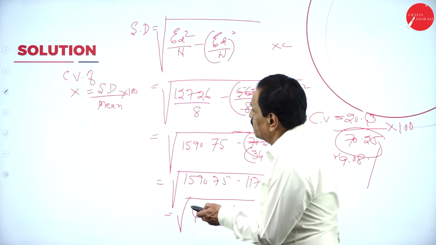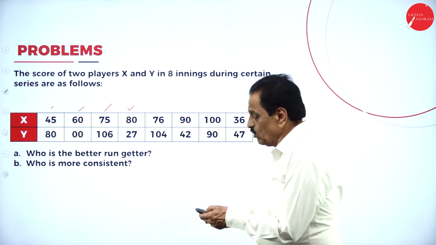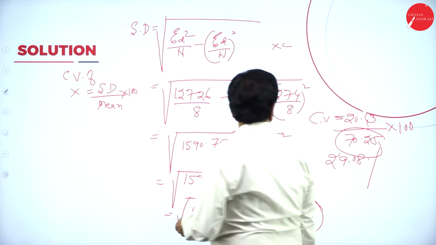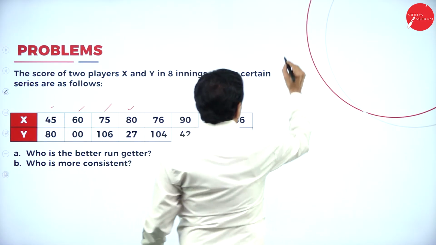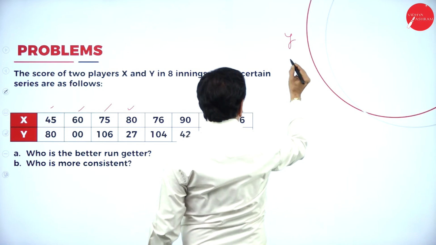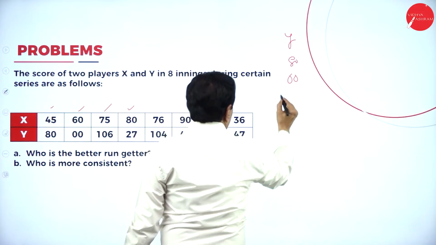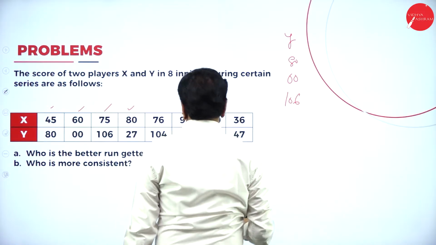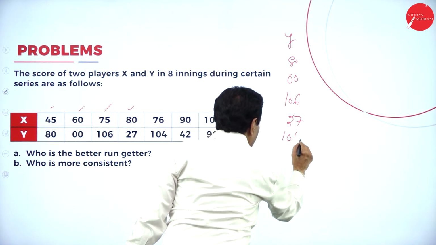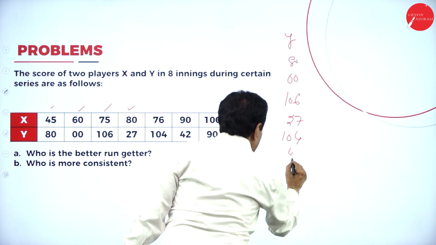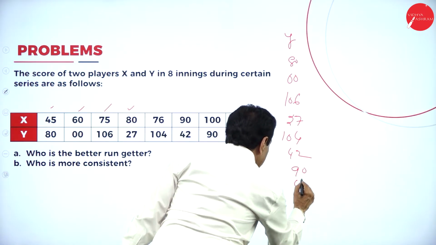Now we'll go to Y. We'll go one by one. We'll go to batsman Y. How much did you get? 80, 0, 106, 27, 104, 42, 90, 47.